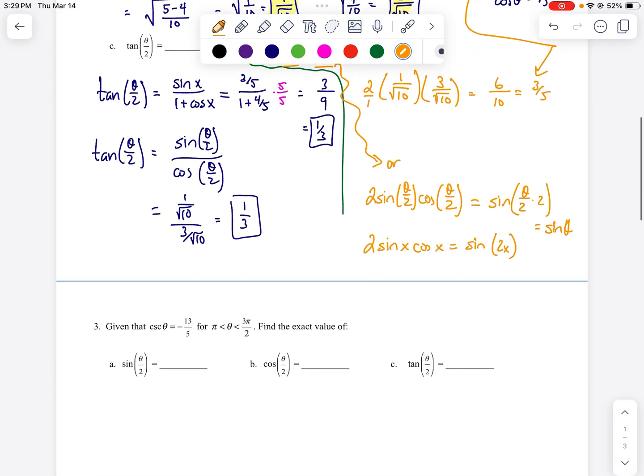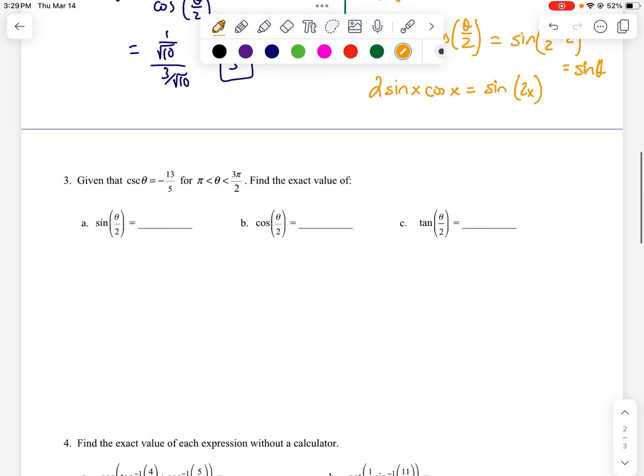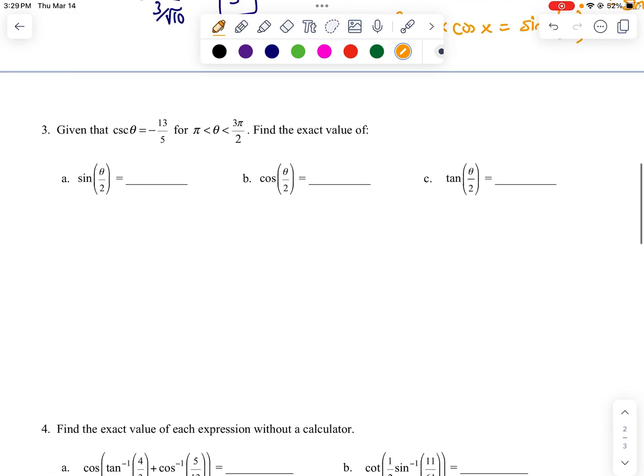All right. Let's take a look at one more example where we now have to think about where the angle is. We've seen these problems before where they've told us theta is an angle somewhere between pi and 3 pi over 2. So if I sketch theta, I know it's somewhere down here in the 3rd quadrant.